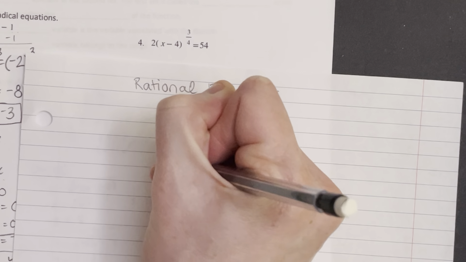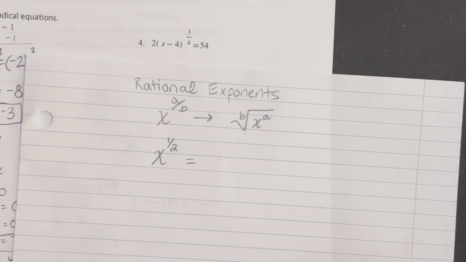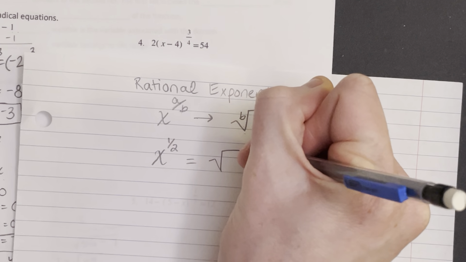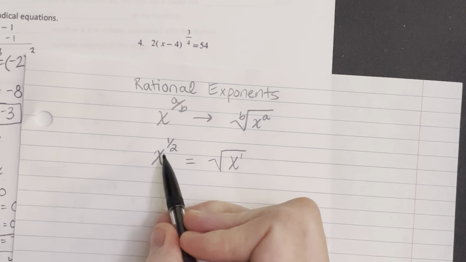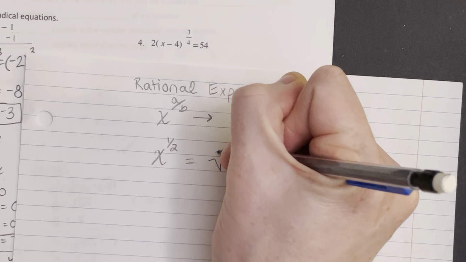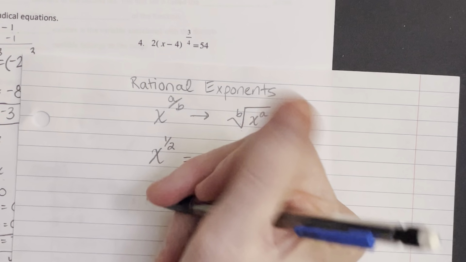So you might see something like x to the 1/2. X to the 1/2 is the square root of x to the first power. Because it's a square root, we don't often write the 2 here, but that square root does have a little implied 2 in the crease.